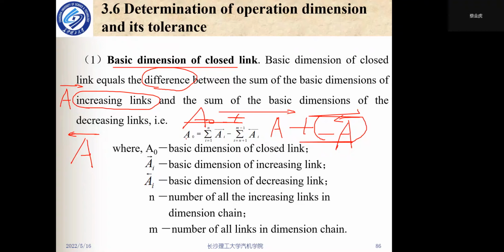And so we come out with this equation, and this negative symbol comes from the decreasing links.